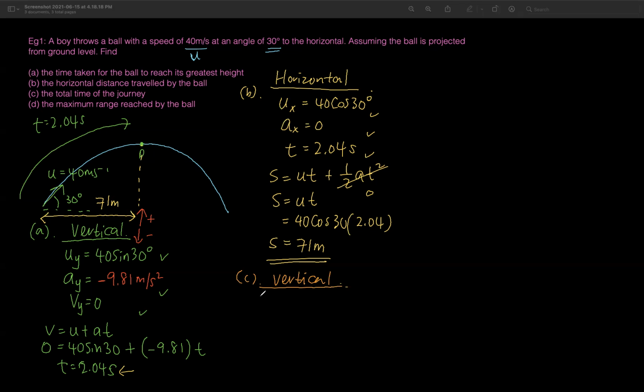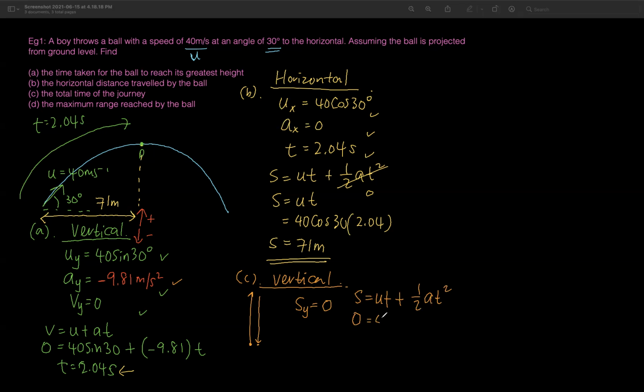So let's say we were to use vertical, then I consider 整个过程，vertical component 它上去，它又跌下来，它的 vertical displacement 是零。然后接下来的 information 都是一样的，a 是等于 -9.81，所以我们用 s 等于 ut 加 half at square，等于 0.